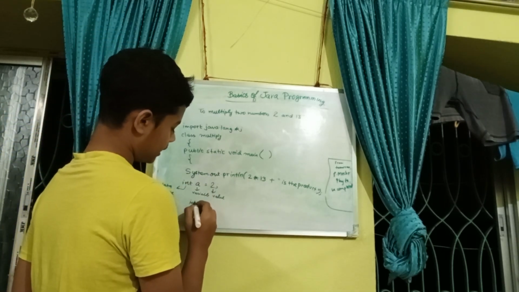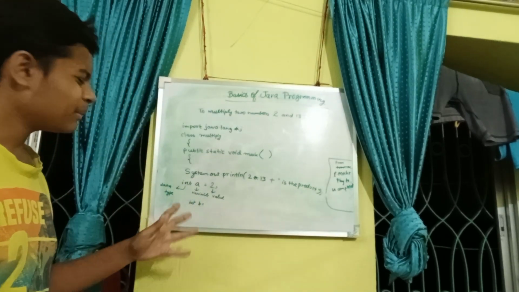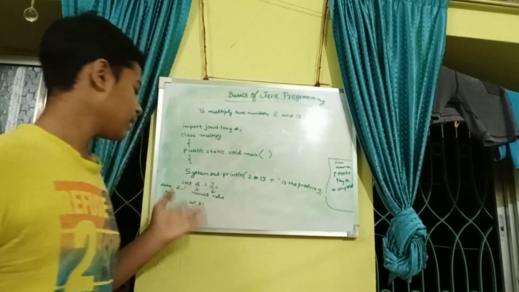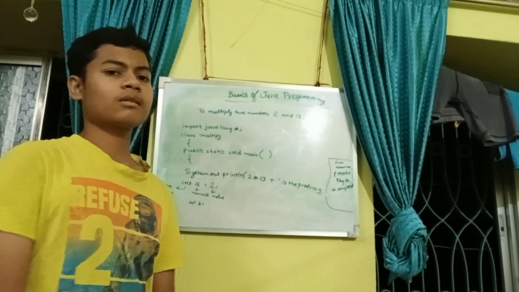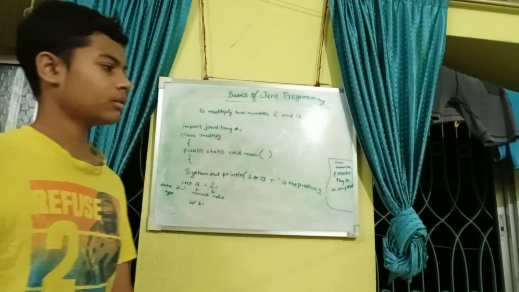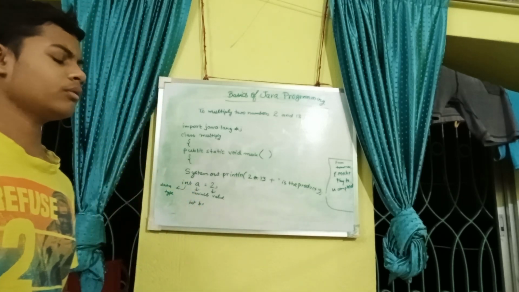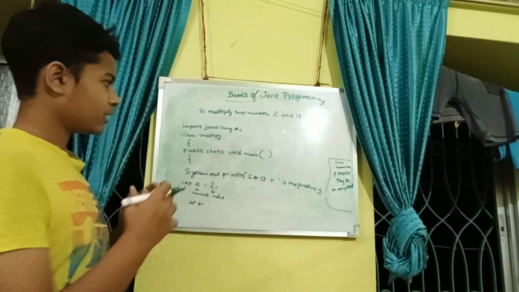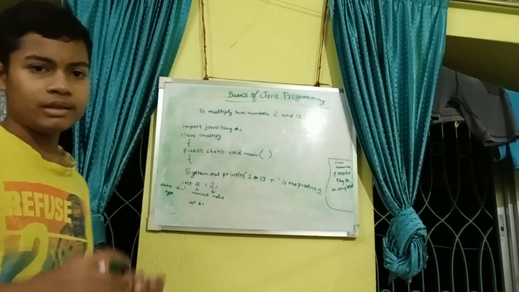Similarly, I am declaring int b. You can name any variable randomly. Suppose I am giving a b, you can give w, x, random names. But when you get promoted to class 9 or 10, you have to keep reasonable variable and class names in the program.